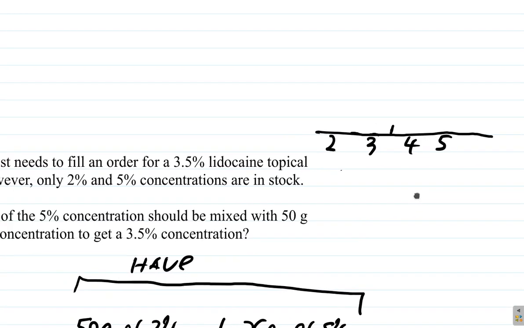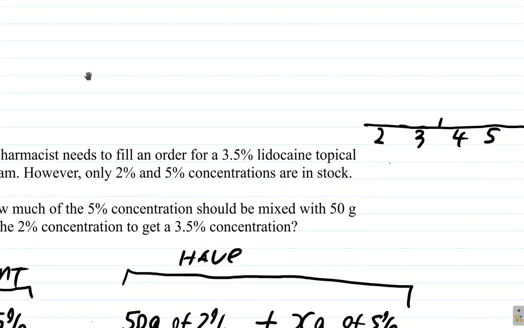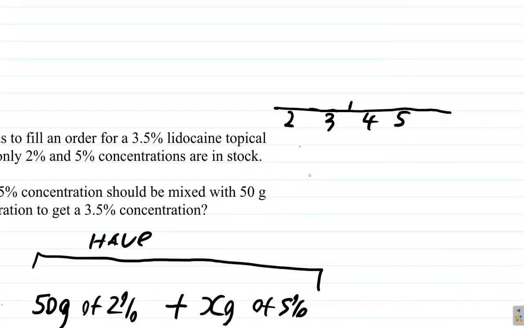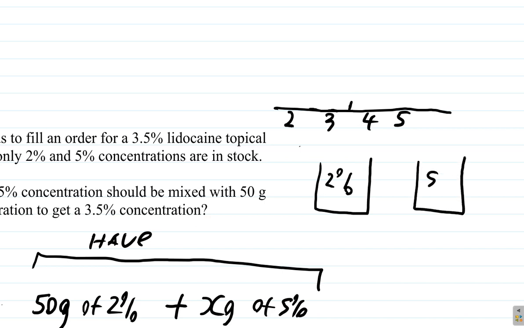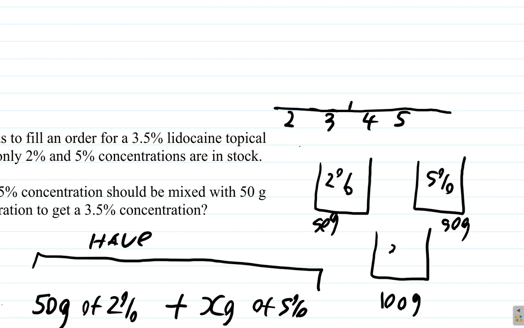So here, what happened? You have 2%, you have 5%. It's 50 grams of 2% and 50 grams of 5%, and you end up with 100 grams of 3.5%.